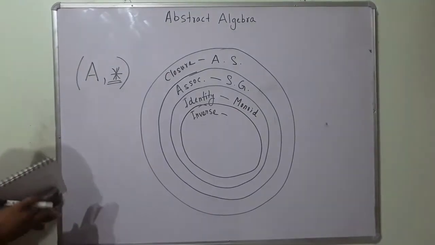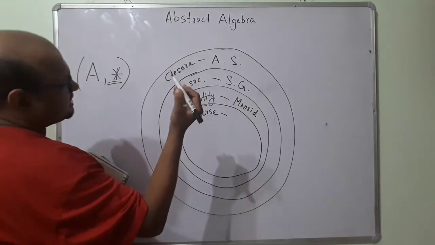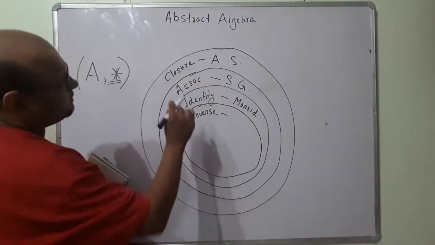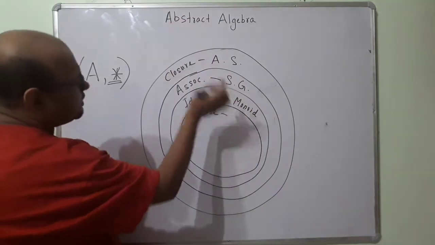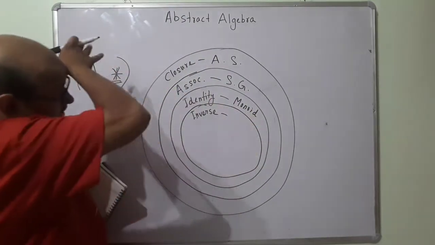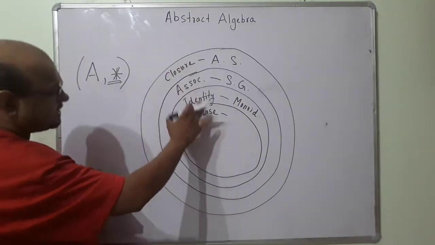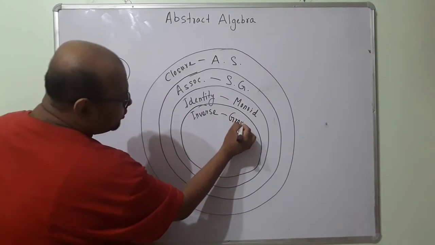So, if closure exists, then it is an algebraic structure. If it is closed and associative, it is a semigroup. If it is closed, associative and identity exists, it is a monoid. If it is closed, associative, identity exists and inverse exists, it's a group.